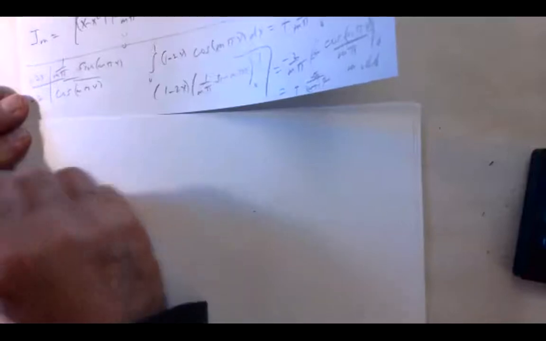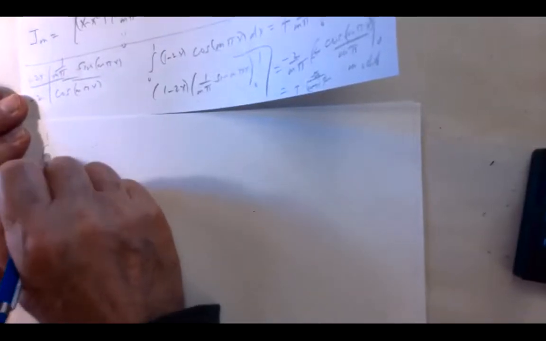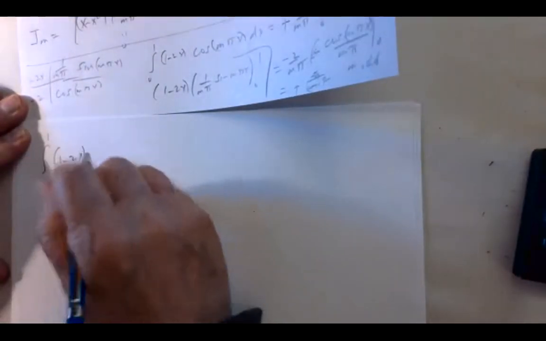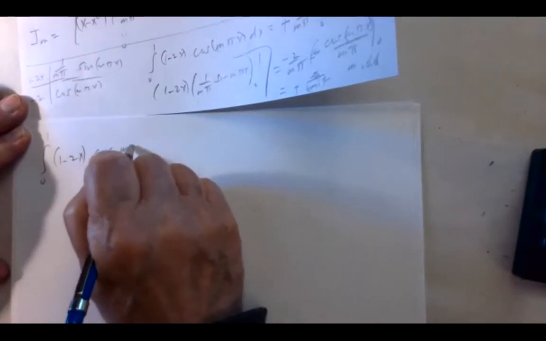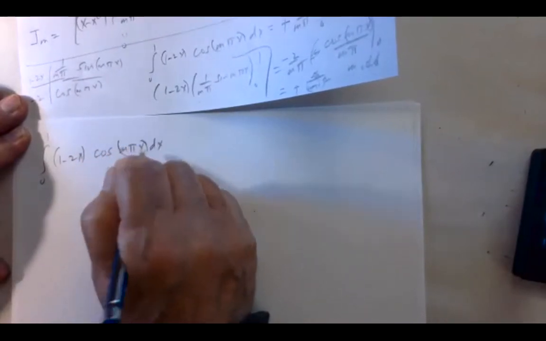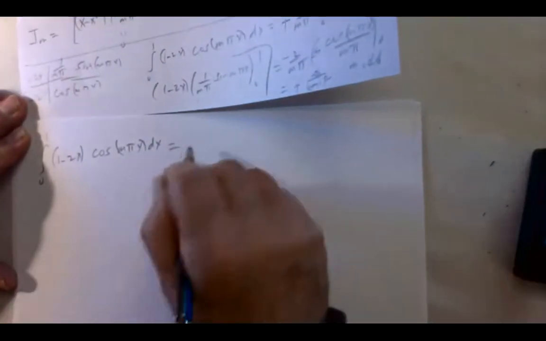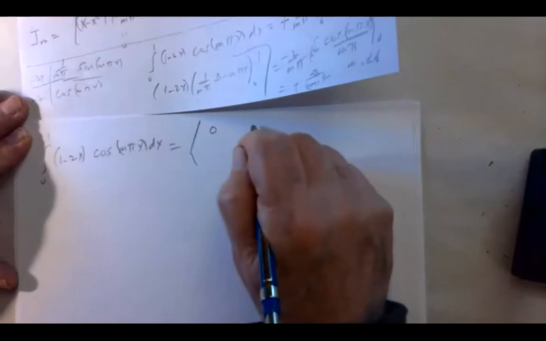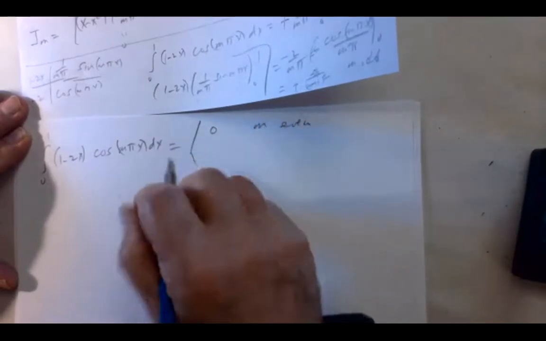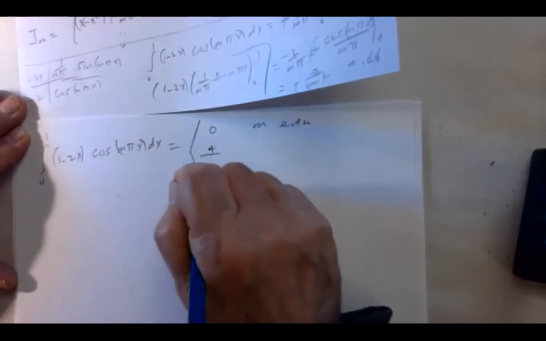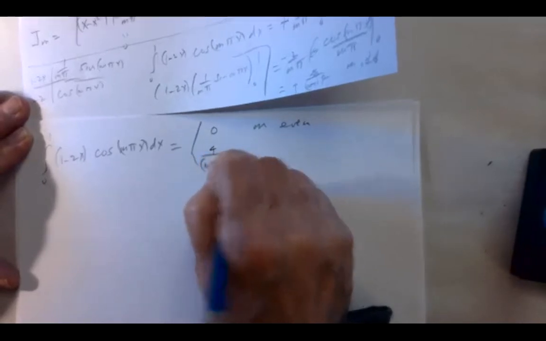So let me write down what we have. We have the integral from 0 to 1 of 1 minus 2x cosine m pi x dx is equal to 0 if m is even, and 4 over m pi squared if m is odd.